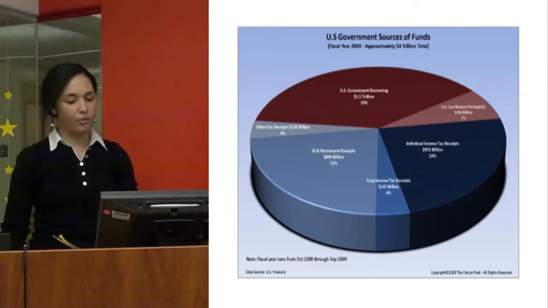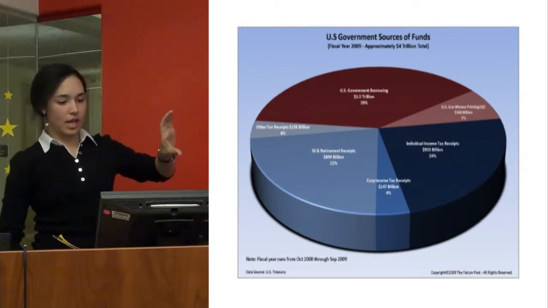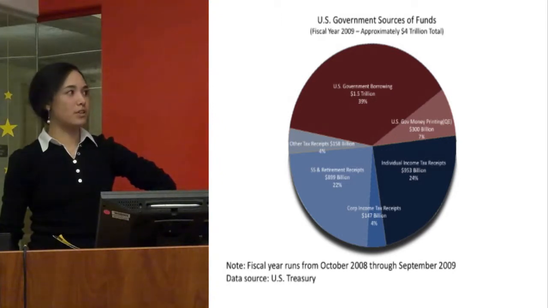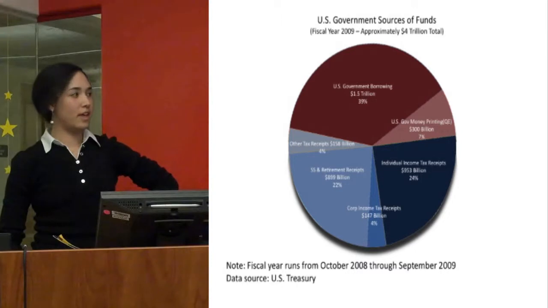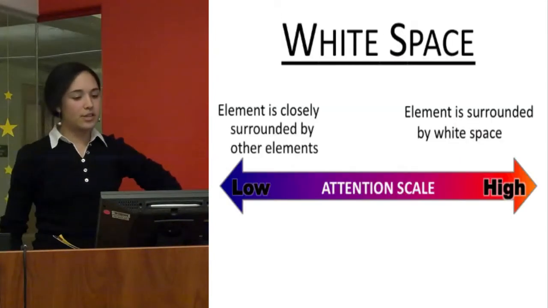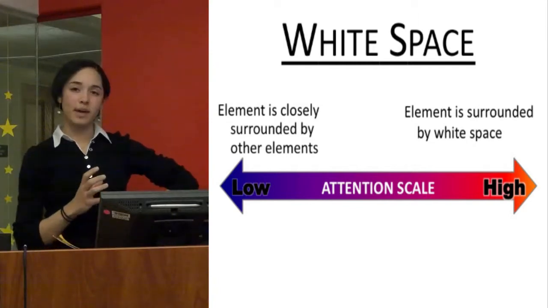But if we create the same pie chart and we turn it face up, see how the top portions appear much larger than they did in the original. You see how they diminish, but here they don't. Another emphasis technique is manipulating white space.